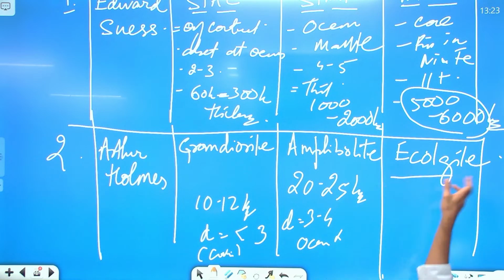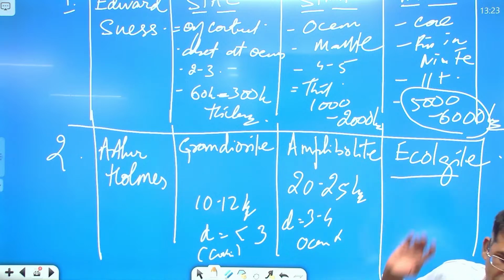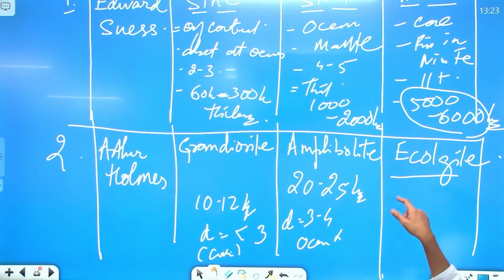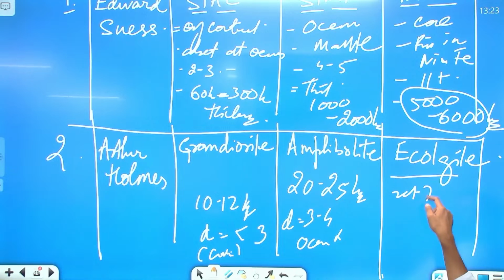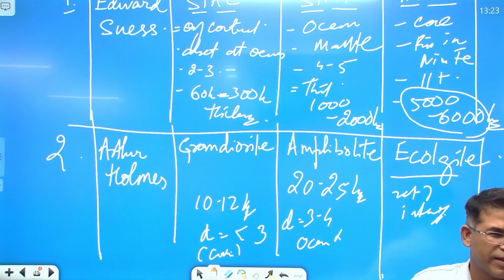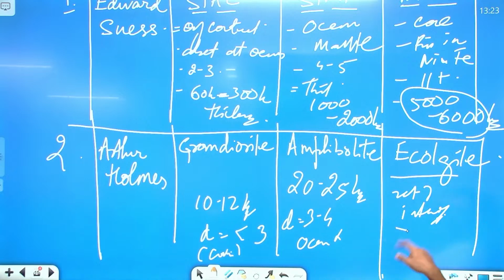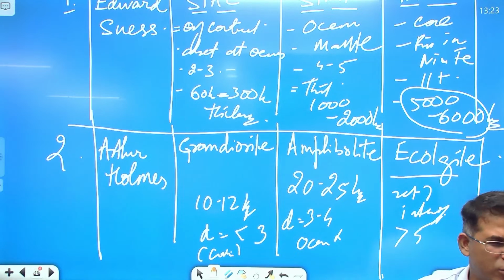And after this, whatever remains they call eclogite, the rest of the interiors, with a density of more than 5. This is the Arthur Holmes model.